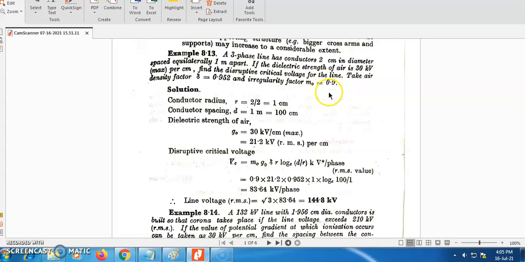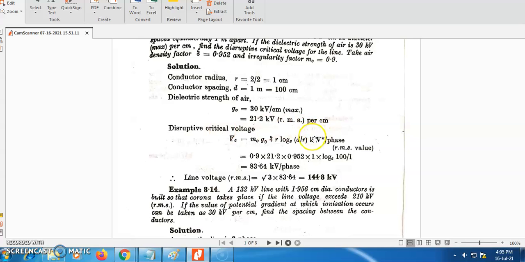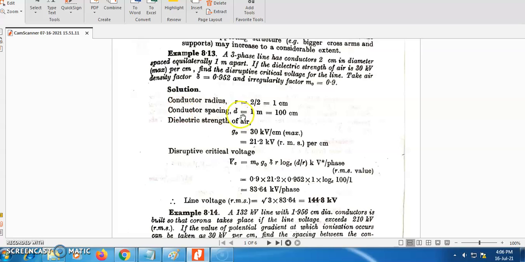Now you are just substituting all those things in the equation. Disruptive critical voltage Vc is equal to m0, which is 0.9, G0 is 21.2 RMS, and delta is 0.952, and d by r: the distance between the conductors is 1 meter, and the conductor radius is 1 centimeter.